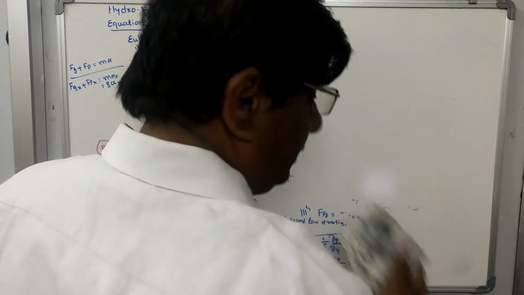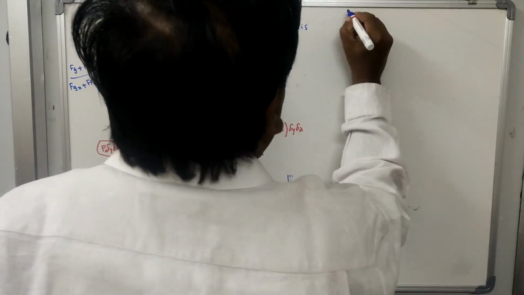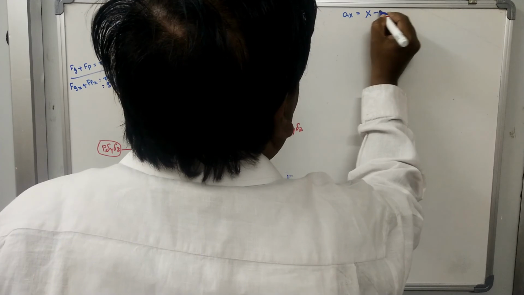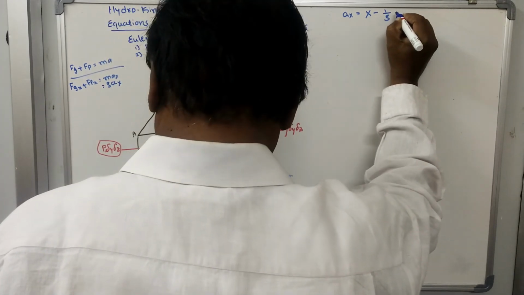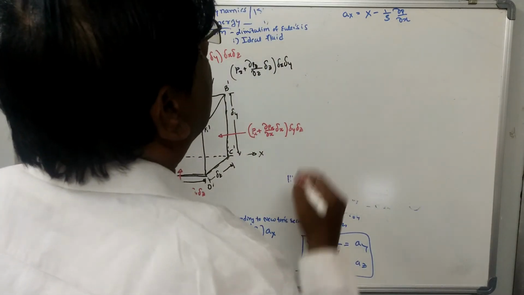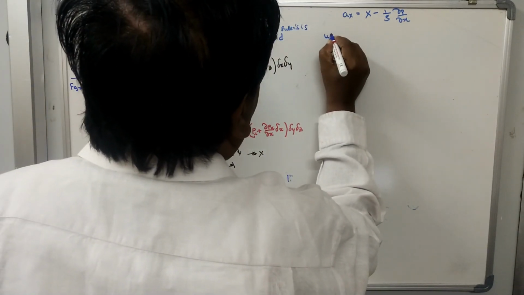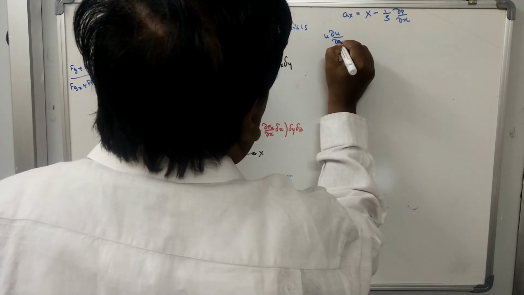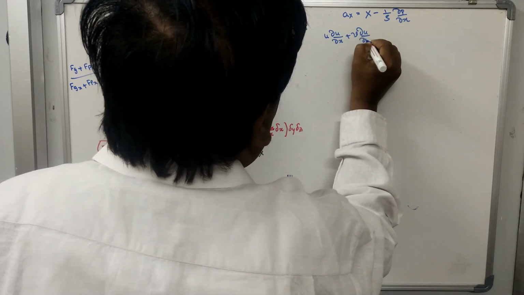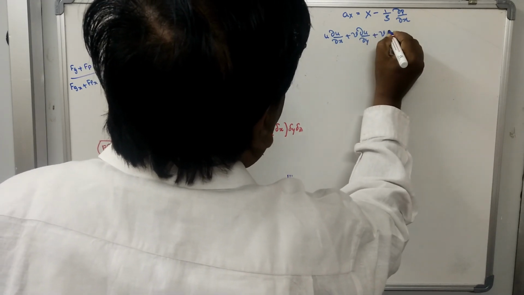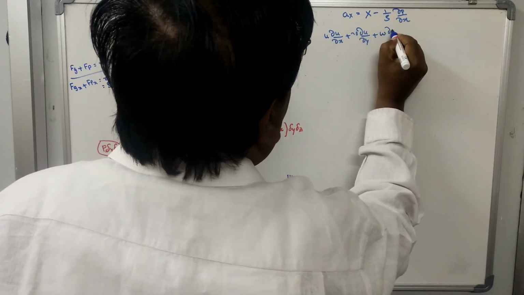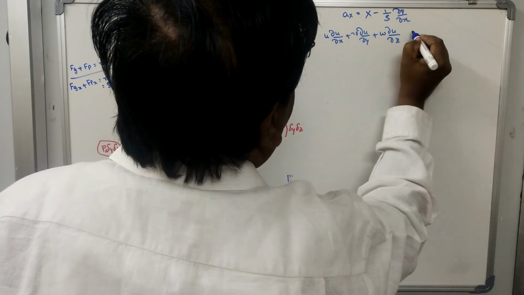As you know, ax is equal to u ∂u/∂x plus v ∂u/∂y plus w ∂u/∂z.